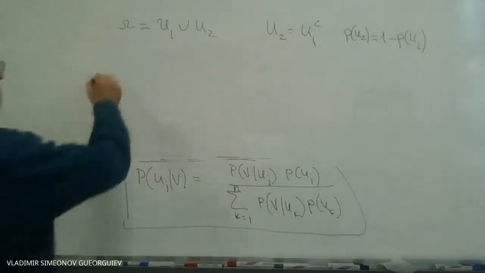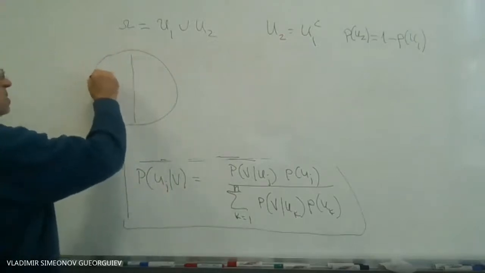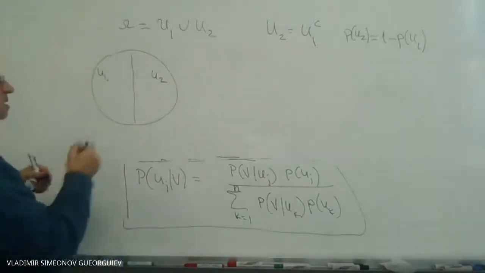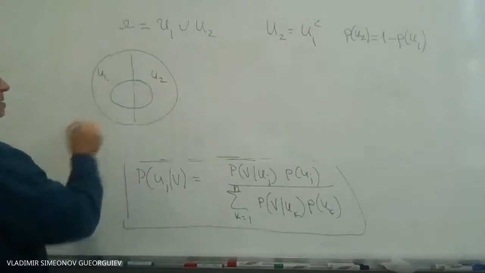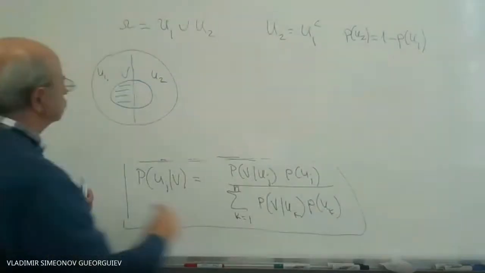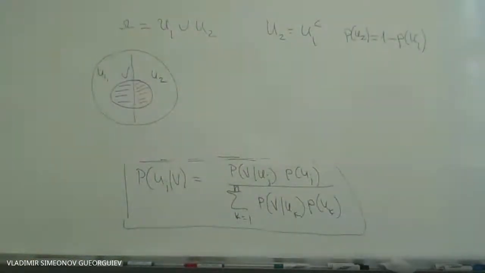So we take our omega, we divide it into U1, U2, and then we take our V. It is clear that we will have a part of V that is in U1, but also part of V shall be in U2. Okay, see what we have to prove.